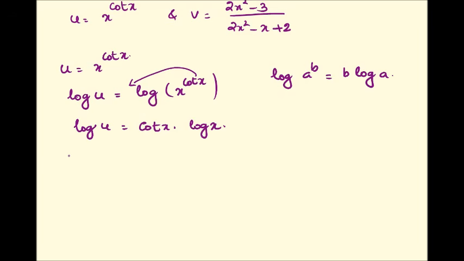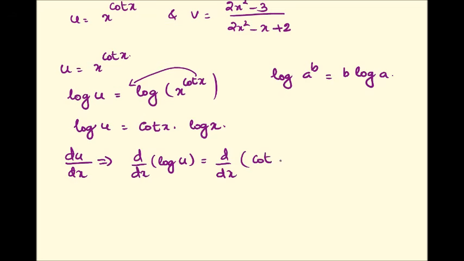Now differentiate with respect to x, that is du by dx, that's equal to d by dx of log u is equal to d by dx of cot x into log x.